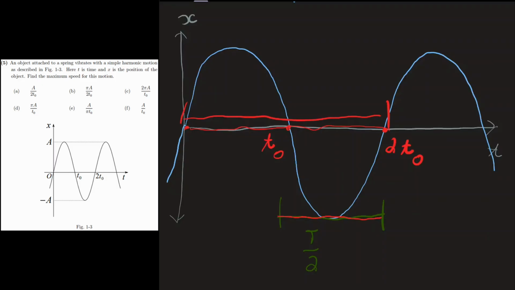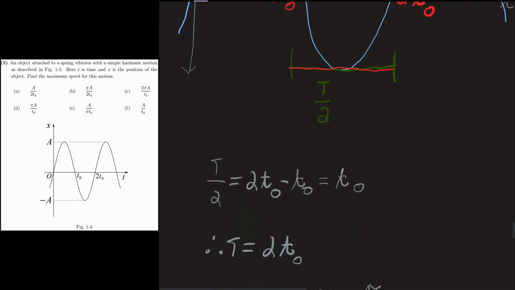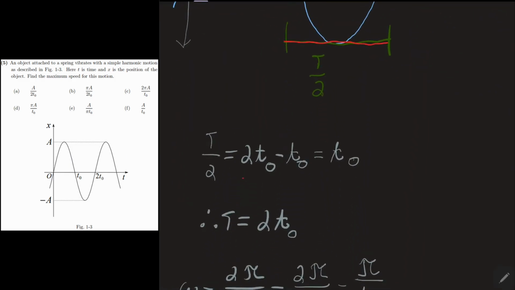And then this distance right here from t sub 0 to 2 times t sub 0 is half that distance, meaning it is half a period. Now that distance equals 2 times t sub 0 minus t sub 0, which is just t sub 0. And so that means that our period is equal to 2 times t sub 0.